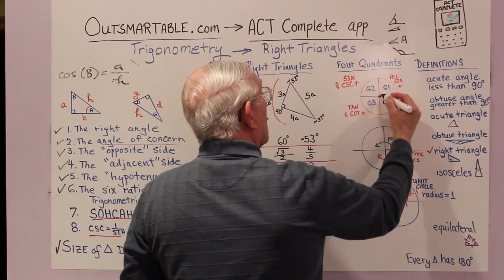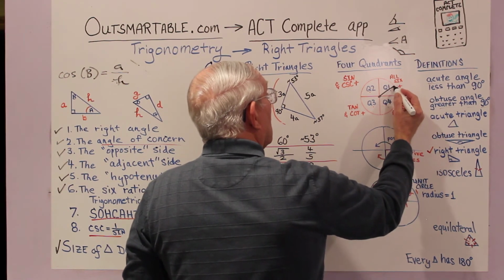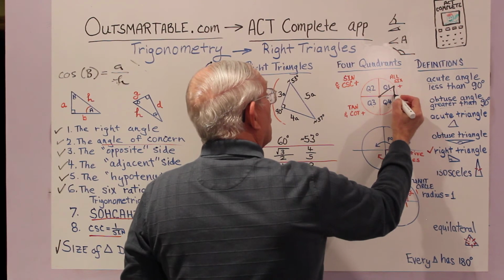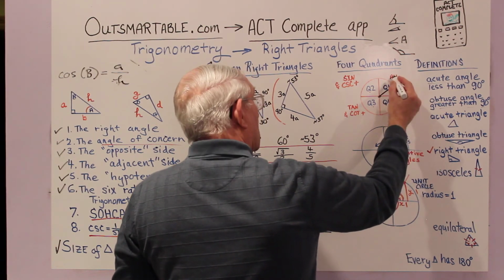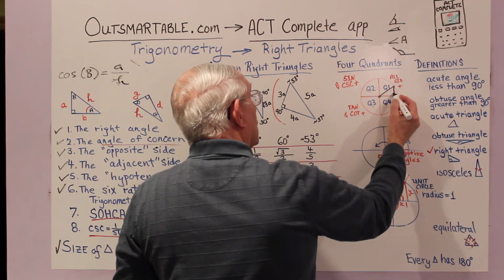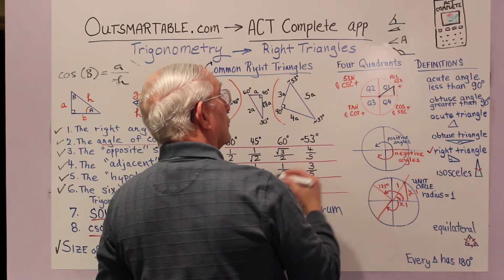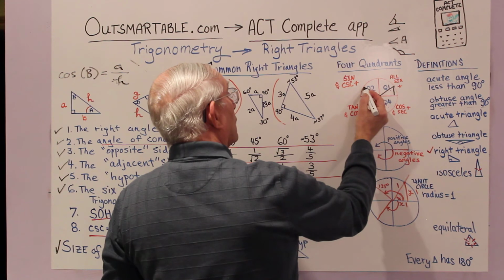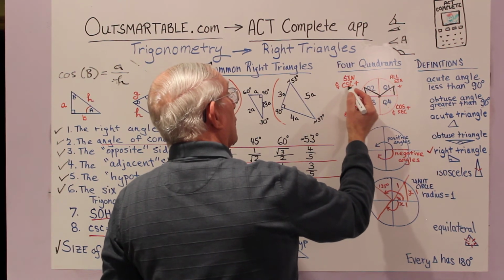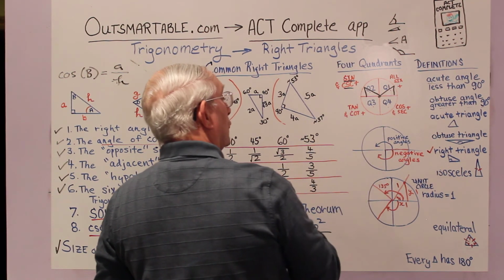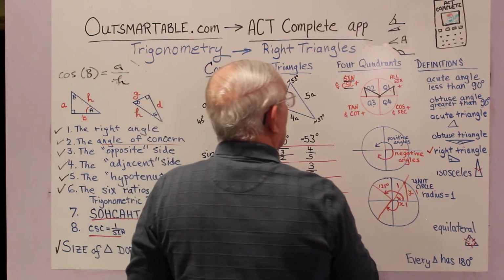In this first quadrant, any angle that you might have is such that if you calculate any of the 6 trigonometric functions, they'll all have a positive value. An angle in the second quadrant is such that only the sine and the cosecant have positive values.